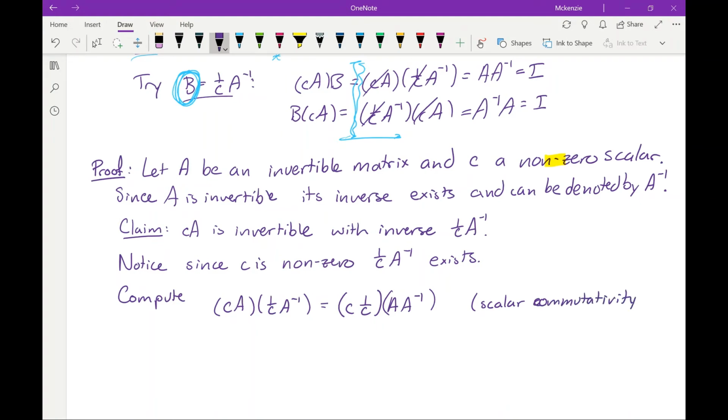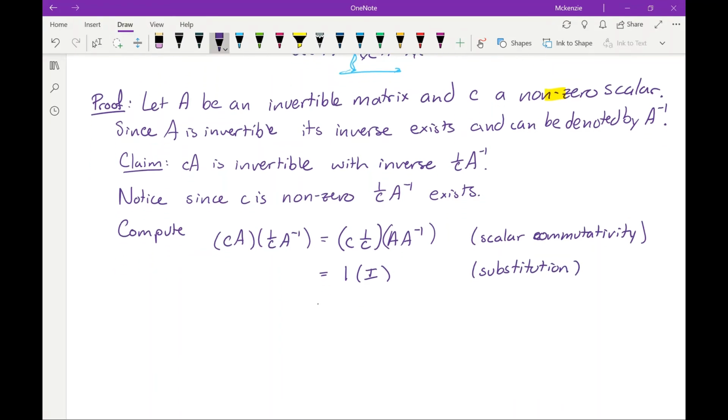So we can always pull scalars out. Now we have 1 times A times A inverse, which we know is I, so this would be substitution. We've substituted I in for A times A inverse. And now we know that 1 times I equals I.